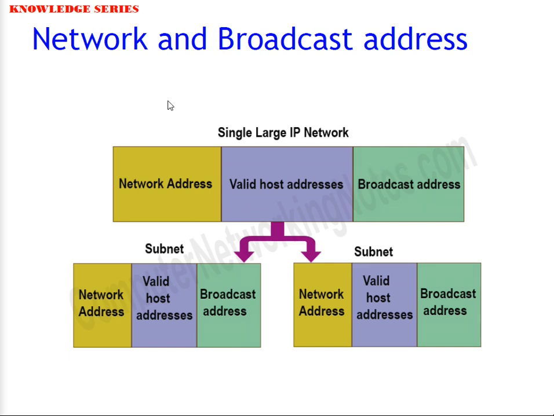Now the third is known as a valid host address. All addresses between the network address and the broadcast address are also known as valid host addresses. This valid host address is assigned to the devices in a network, because the host is the endpoint where your device is going to be assigned. What are those devices?